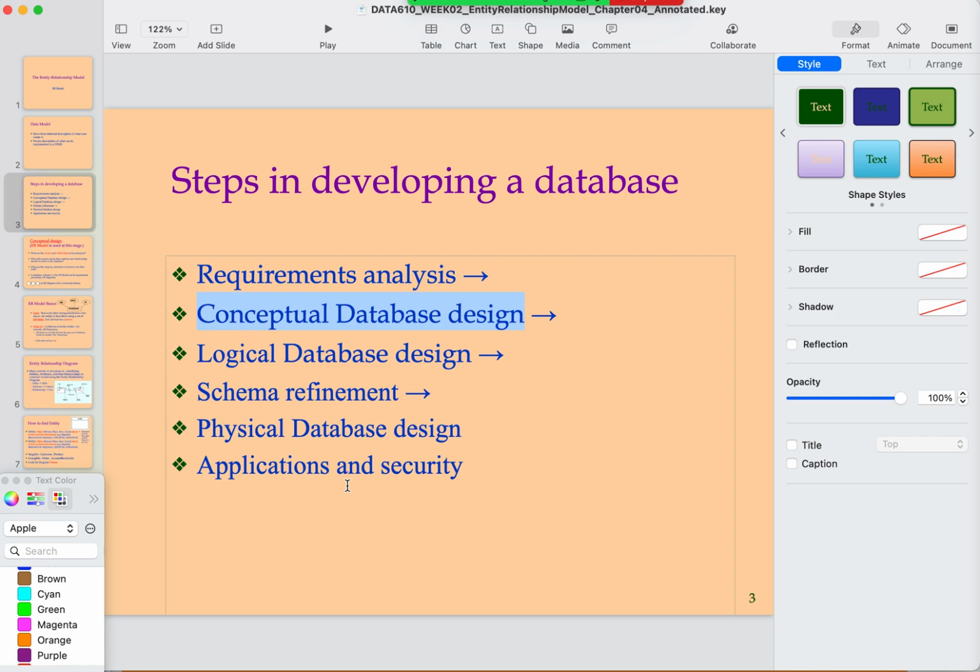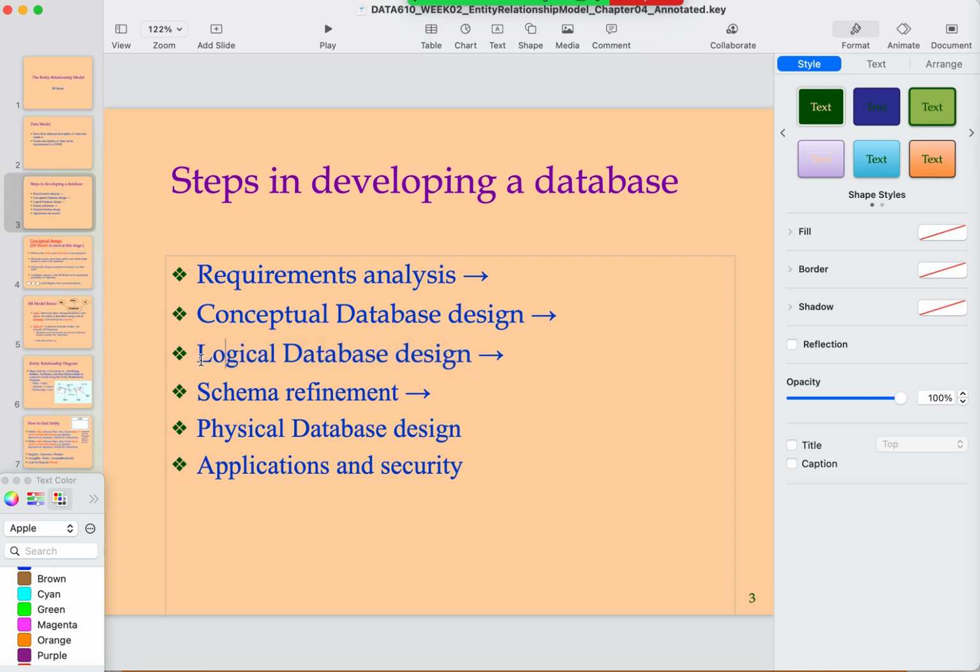That is, as we discussed last time, we could have an employee entity, and then a department entity where the employee is working, or we could have a customer entity and an order entity, what orders the customer is placing.